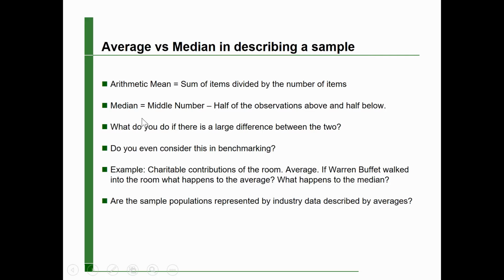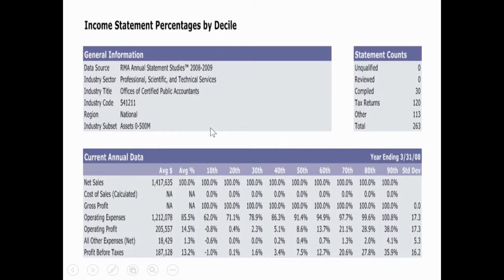And so you have to ask yourself, are the sample populations represented and described by the good averages? Let me come back to the example we talked about in our credibility issue. Here's the average column, and here's the 10, 20, 30, 40, 50, 60, 70, 80, 90th. You only get these percentiles inside of the valuation edition from ValueSource.